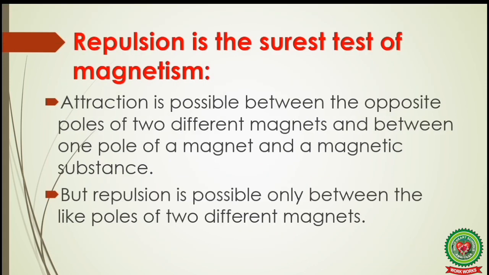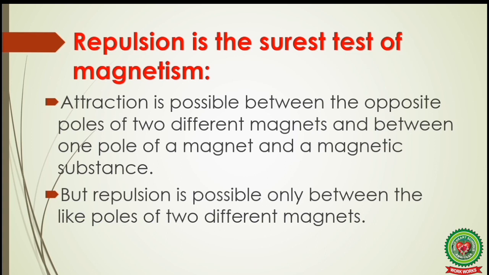Next is repulsion is the surest test of magnetism. Suppose we have a bar magnet and a piece of iron bar which look similar to each other, and we want to find out which one is a magnet. See, attraction is possible between the opposite poles of two different magnets and between one pole of a magnet and a magnetic substance like iron.